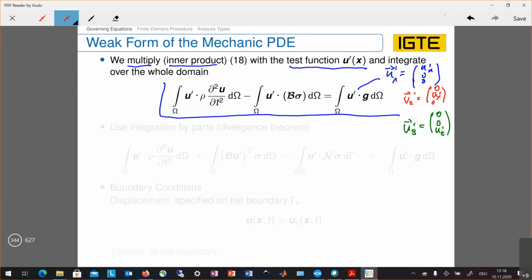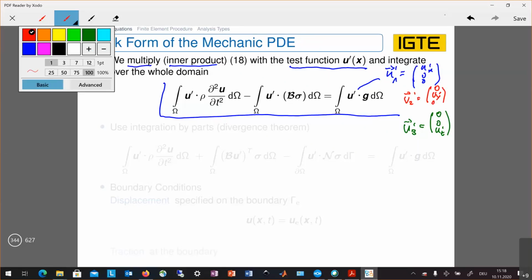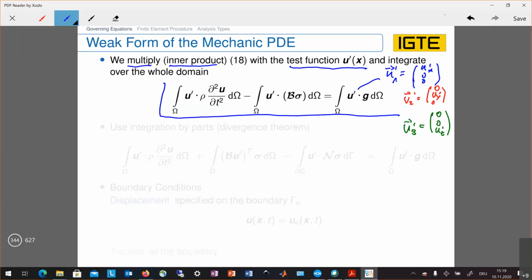Okay, and by this part, then it is possible that we get out 3 equations, and you see that this inner product then really makes sense.